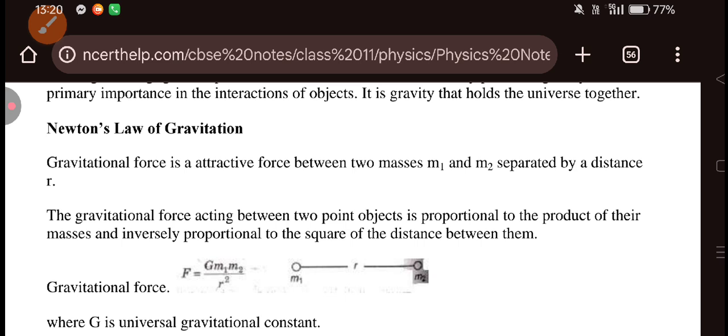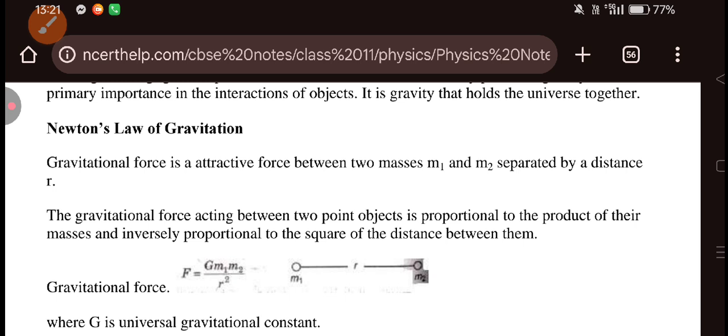The gravitational force acting between two point objects is proportional to the product of their masses. Means the force acting between two bodies will be directly proportional to the product of their two masses, and this force will be inversely proportional to the square of the distance between them.